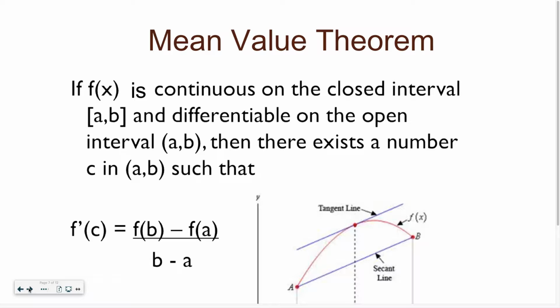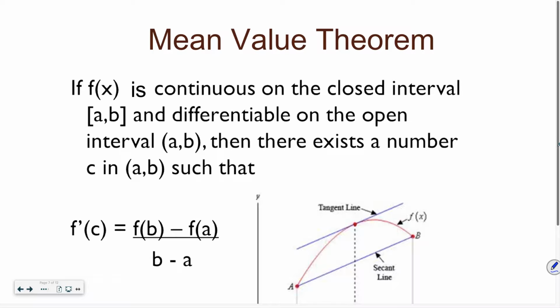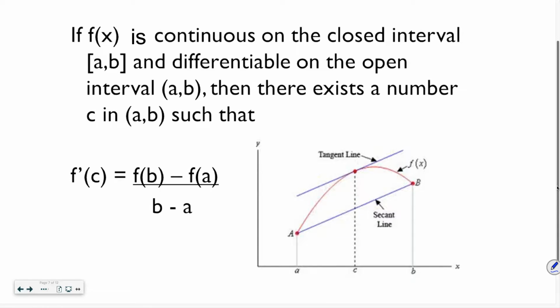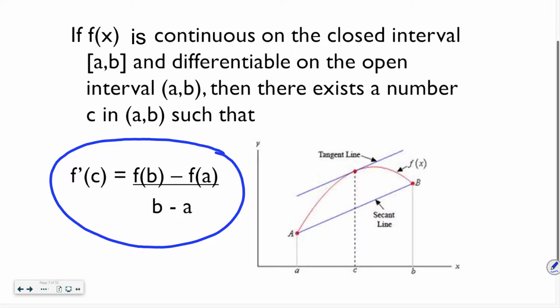So the mean value theorem, once again, we are continuous on the closed interval, differentiable on the open interval, but this is now what is happening. And what I'm going to have you do is just write it down, and then once it's written down, we can process through it.